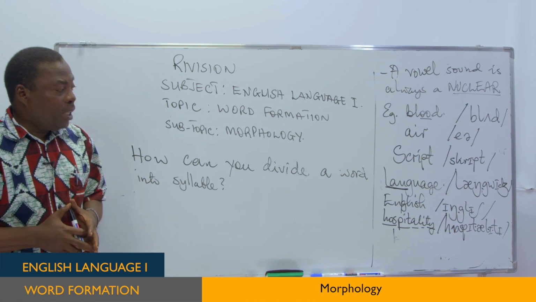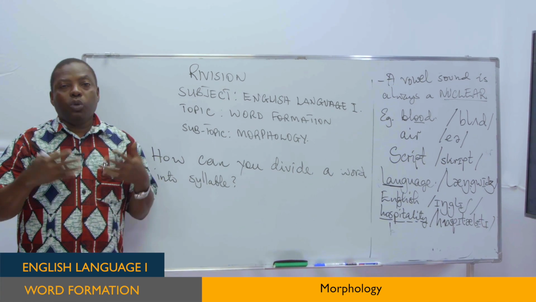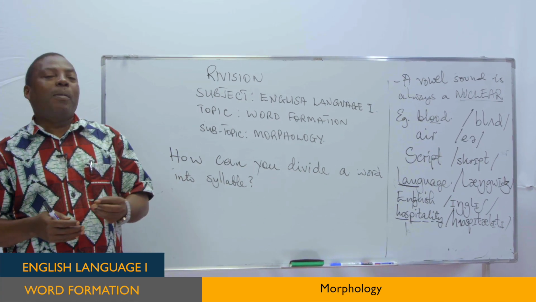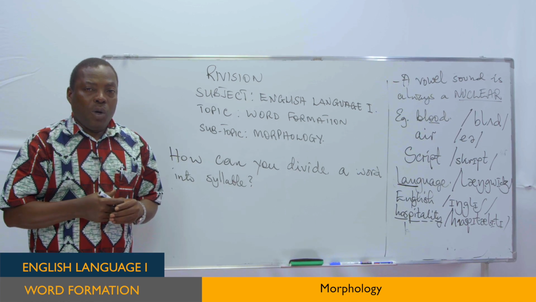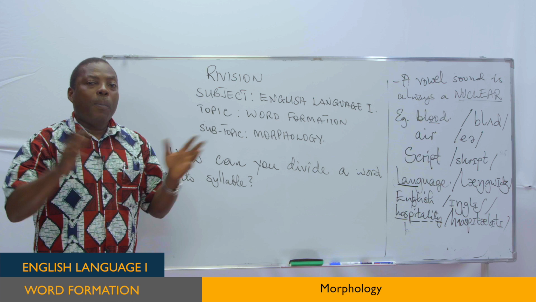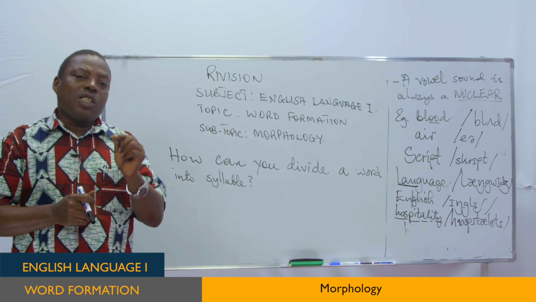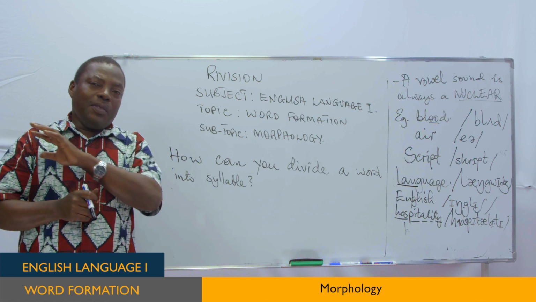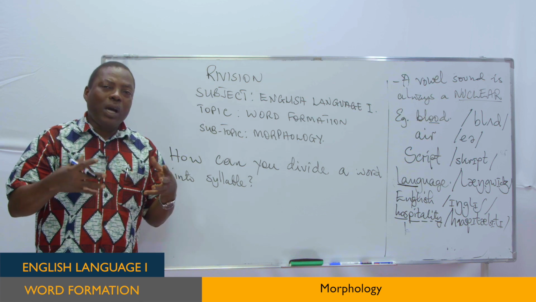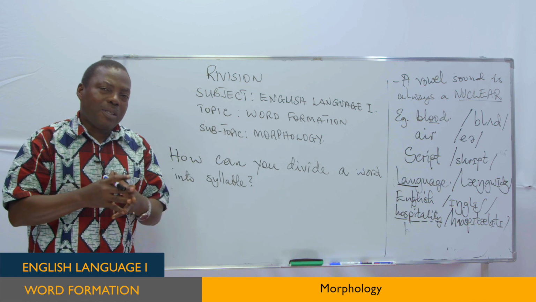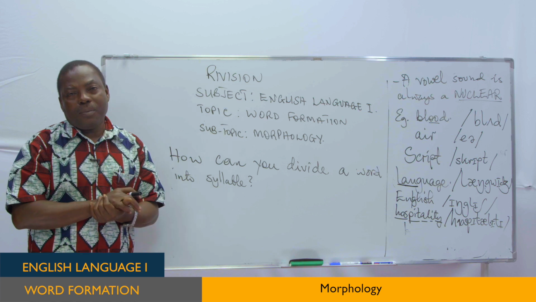You know, in Kiswahili, identifying a syllable is very easy because what you know is that a syllable normally ends with a vowel, which we always call open syllables. In a word that has only one syllable, there's no problem because it is a monosyllabic word. But for those words which have many syllables, how do you make this syllabic division?